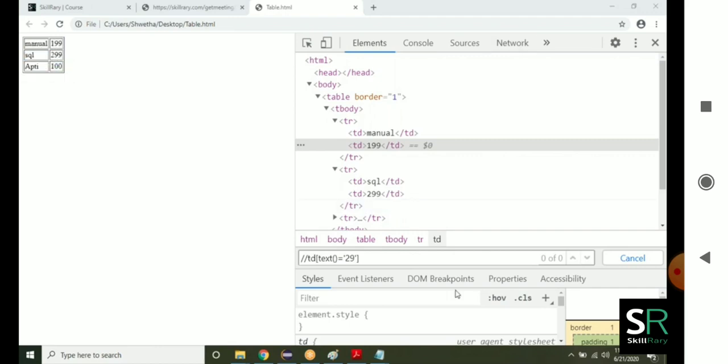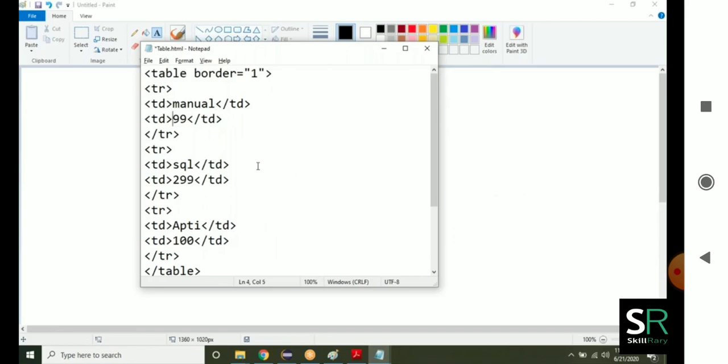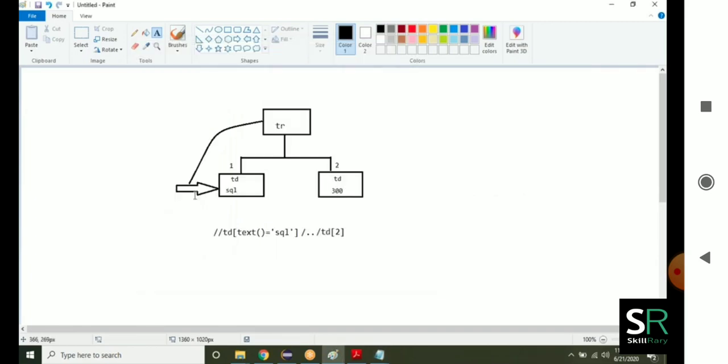And one more drawback of this is, if I do it like this with 299, tomorrow there is one more book. Let me change the price of the manual book also to 299 only.